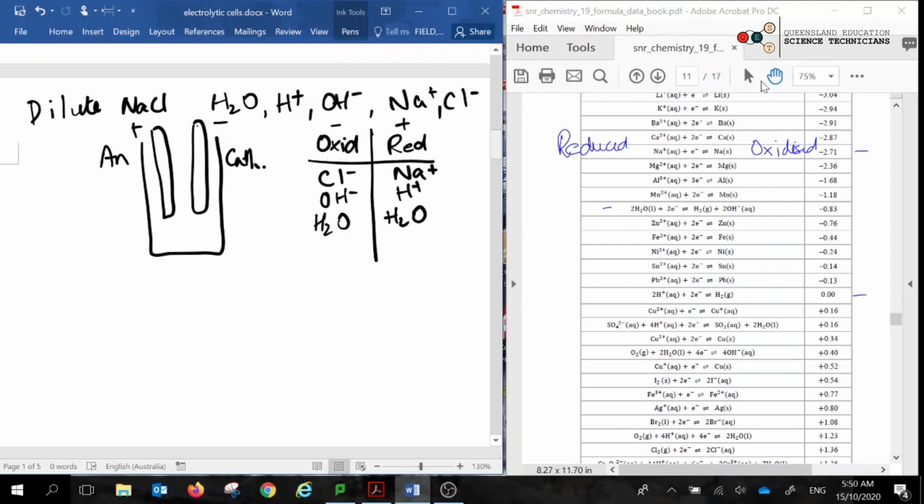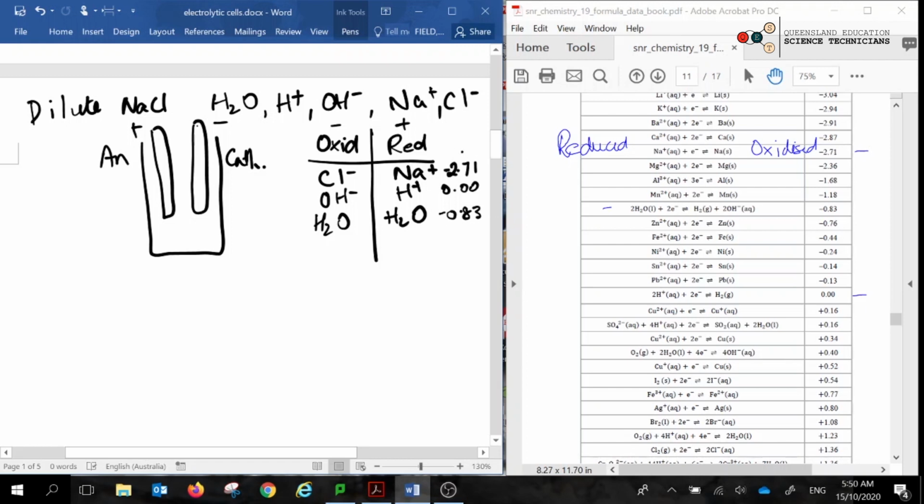We can see sodium up here at negative 2.71. The hydrogen ion is here, and its value is 0. And then if we look for water, its value is negative 0.83.